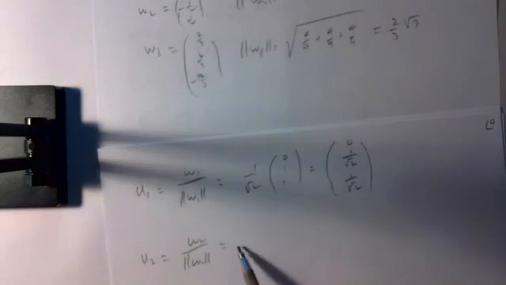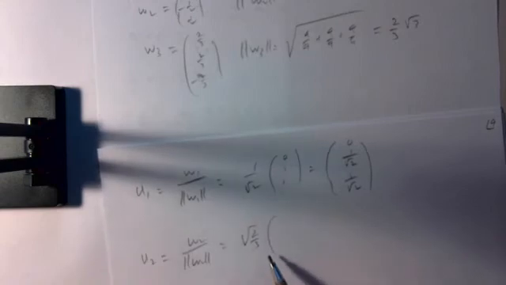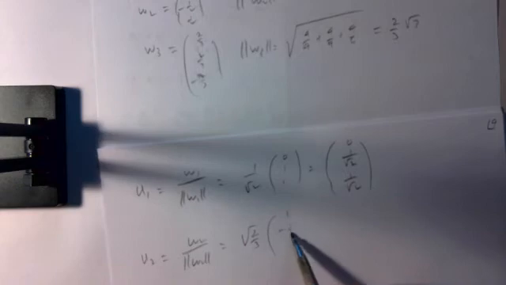The vector u2 is the vector w2 divided by its length. The length of w2 was the square root of 3 over 2, so 1 over that is the square root of 2/3 times the vector w2, 1 minus a half.